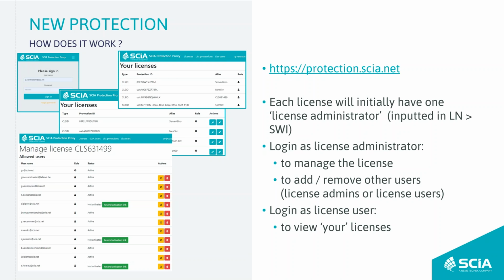For example, if someone left the company, you can easily remove their access to SCIA Engineer via the cloud protection. If you are a standard user, you just log into the system to view the content of your license.